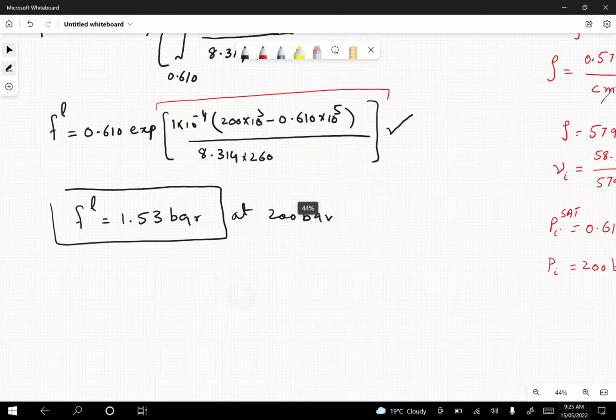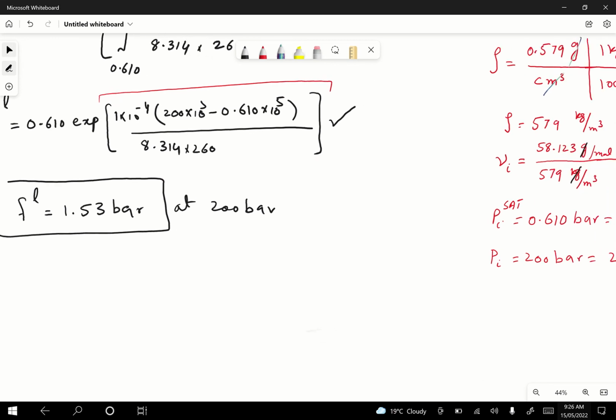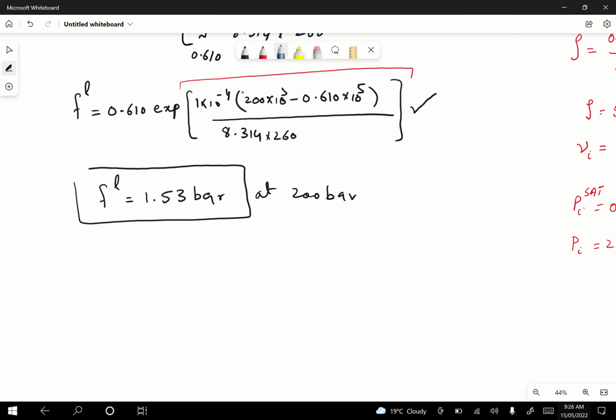So basically 1 into 10 to the raised power minus 4, what is the unit for specific volume? It's cubic meters per mole.